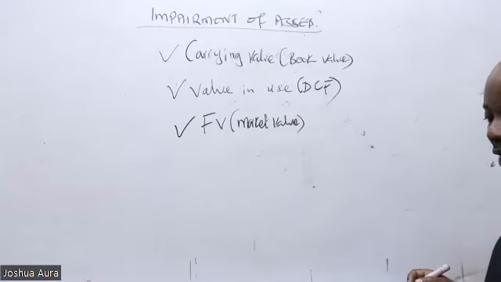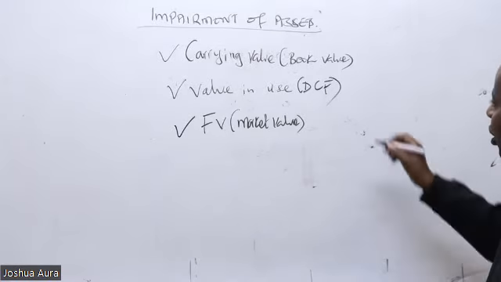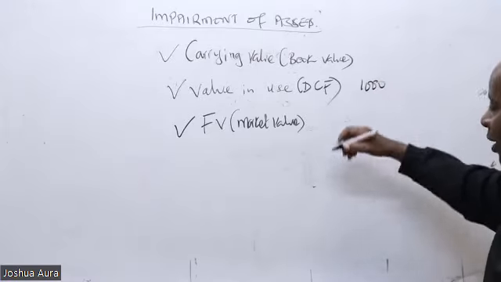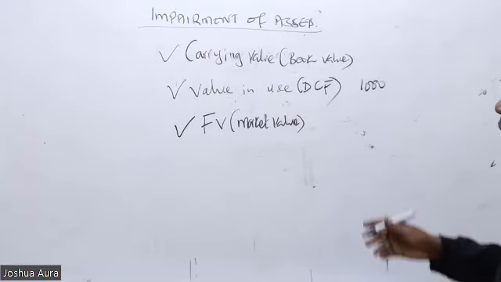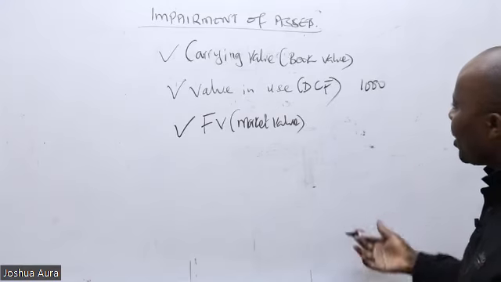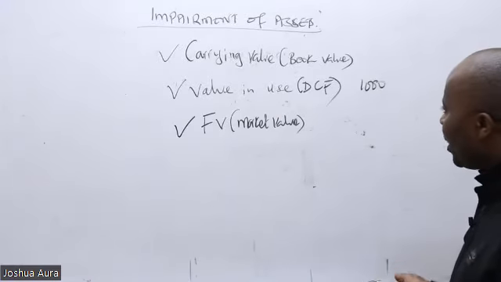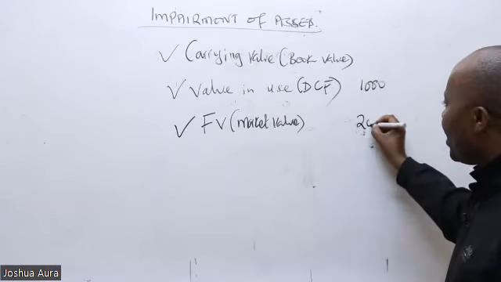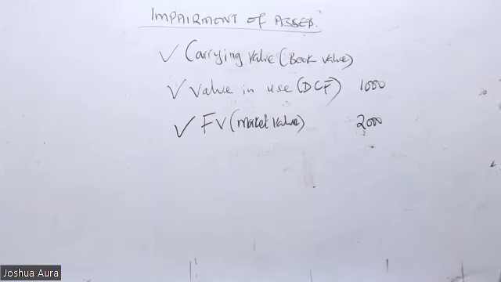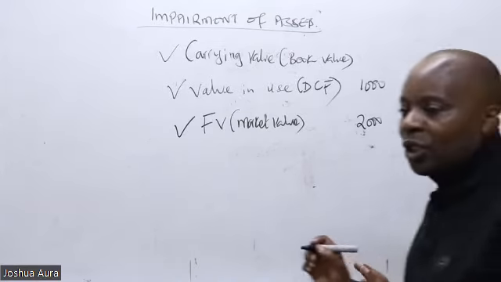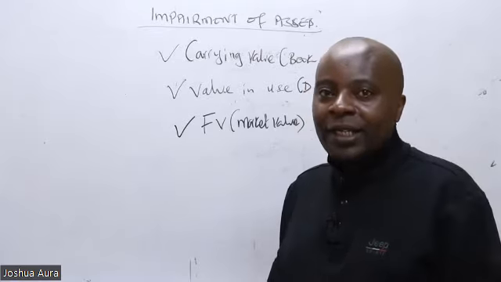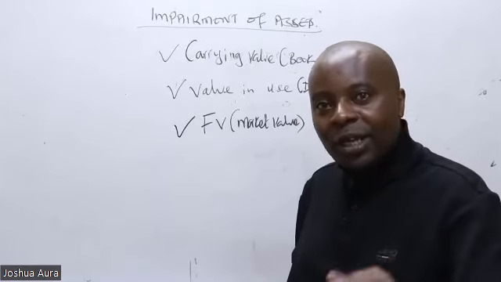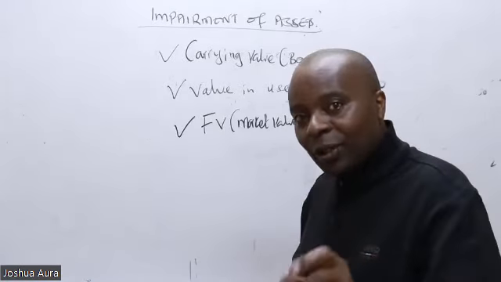So assuming we have a value in use of, say, 1,000, maybe in thousands. Value in use is 1,000. Then we have fair value, market value, should we decide to sell this camera today. Perhaps we have a fair value of 2,000, less costs of selling, for example brokerage fees, advertising, and all the costs that you are going to incur to sell.